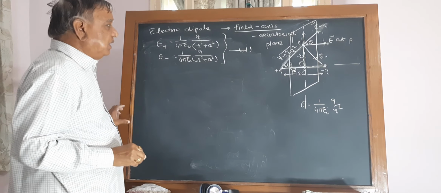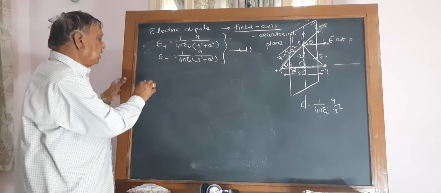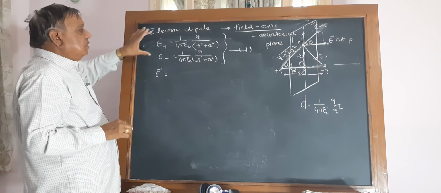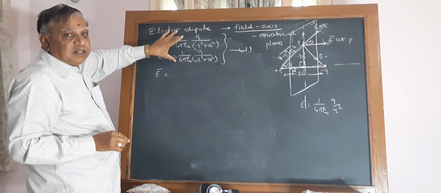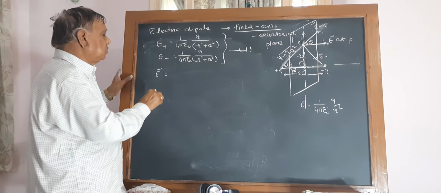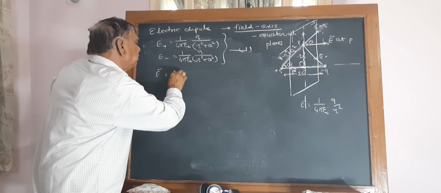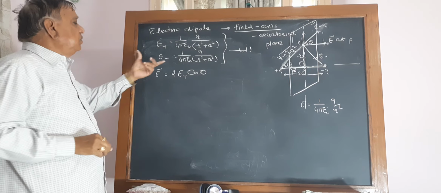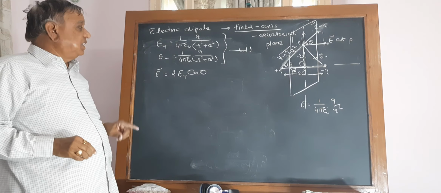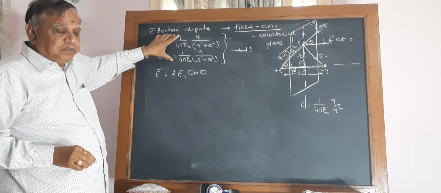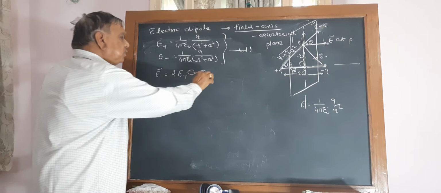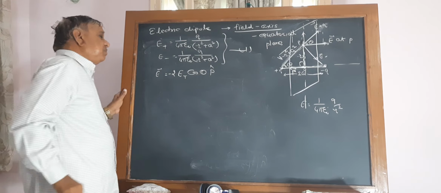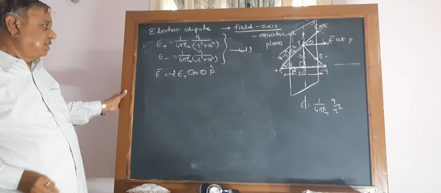So the total field at that point, E equal to 2E plus cos theta, both are the same but opposite to the P vector, so minus P caret.